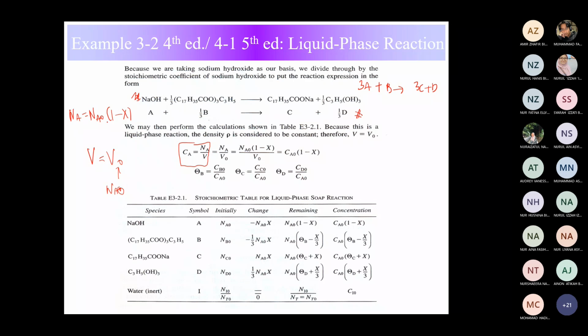Okay, so if you don't remember this, you go back to the basic one, which is, what is X? Okay, moles of reactant reacted over the initial moles. So you can rearrange this and you will remember again. Okay, so from here we will convert, this will become CA0.